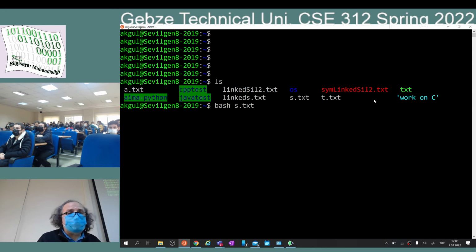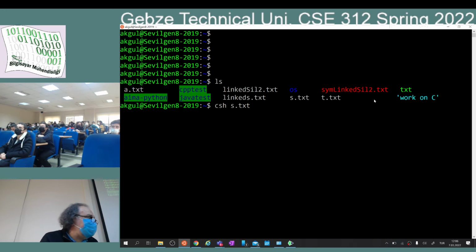And I can do that with C shell, okay? Run this C shell program, and the source code is s.txt. So it is easy to use somebody else's scripts within your bash script file.